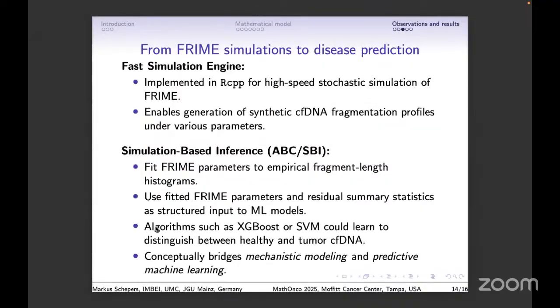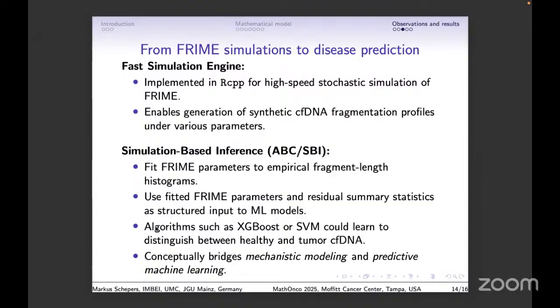So what we've got is a fast simulation engine. We implemented this with the R package Rcpp, which allows a relatively quick simulation of synthetic data, which allows simulation-based inference or ABC inference in order to estimate the model parameters for a given empirical fragment length histogram.